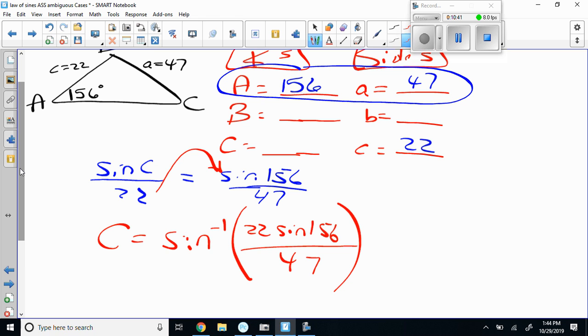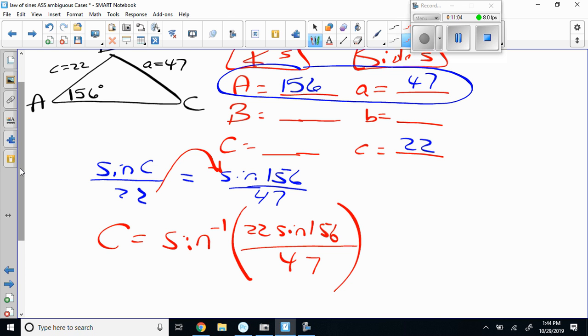Are y'all okay with me doing that? I jumped about 2 steps, right? I brought the 22 over, that would be 22 sine 156 over 47 equals sine of C. How do you find angle C? You take the inverse of both sides, sine to the -1, right? That's how I got that.